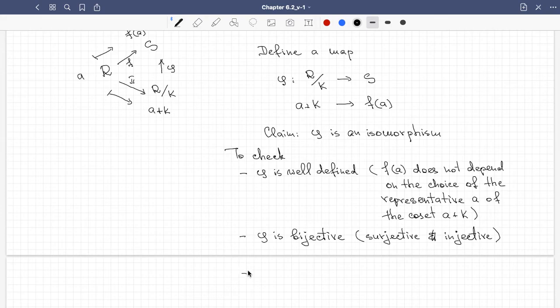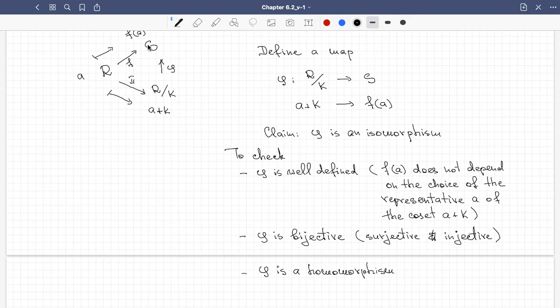And finally, phi is a homomorphism. That is also easy. It comes from the fact that both f and pi are homomorphisms. So you consider a sum of two cosets, choose representatives, take these elements, and map them with f.